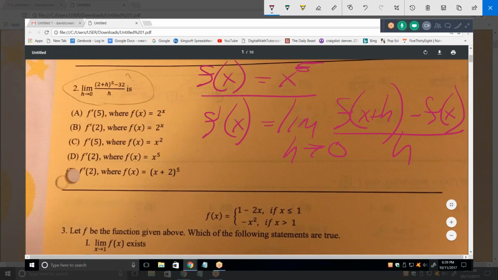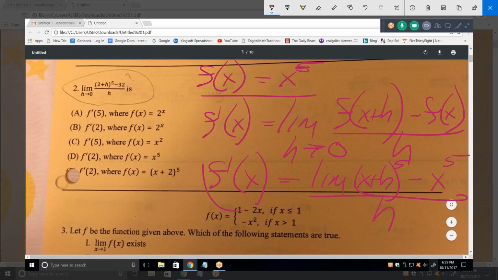Well, let's plug in. That means f prime of x equals the limit of, in this case, x plus h to the 5th power minus f of x, which is x to the 5th power, all over h.